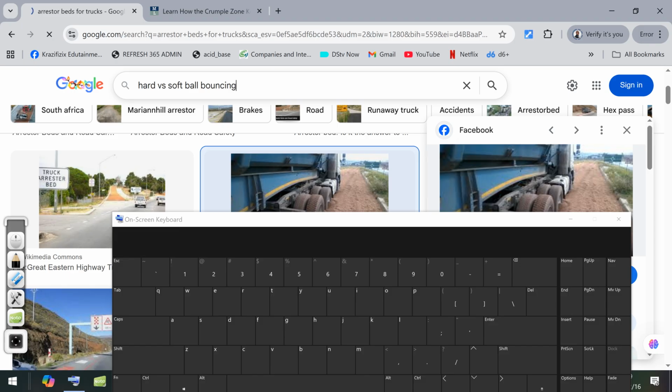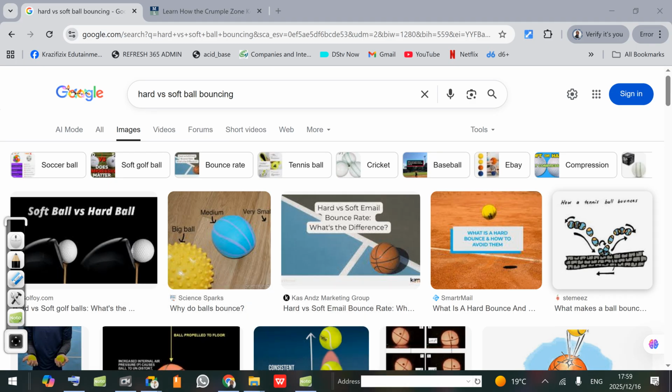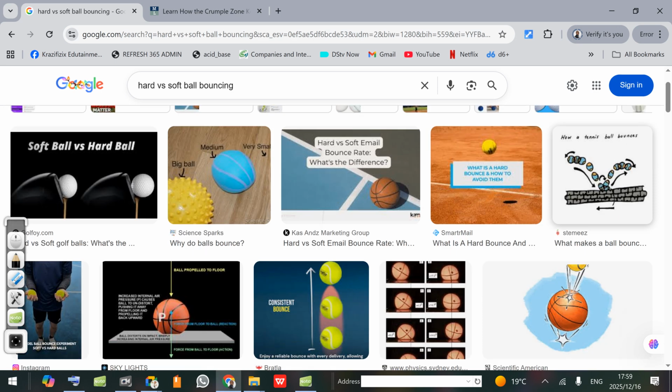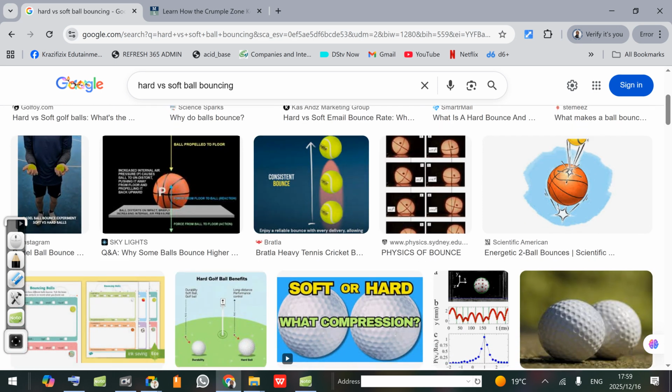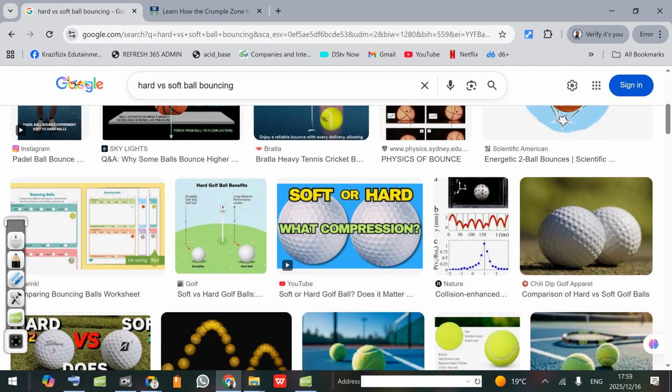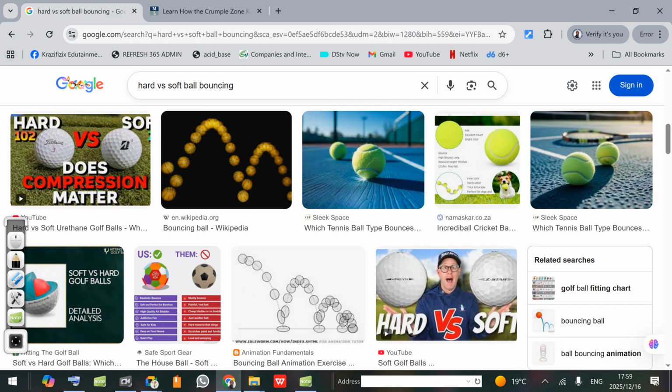So if I have two sport balls that are bouncing, one hard and one soft, what's going to happen? Do you think they will reach the ground at the same time? They'll hit when they bounce. Do you think they will rise up at the same time and reach the same height?